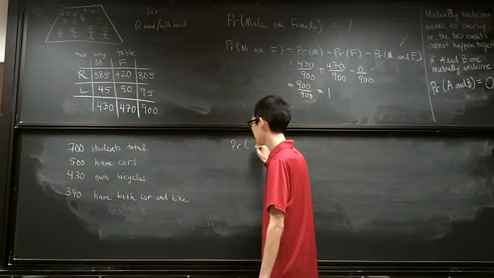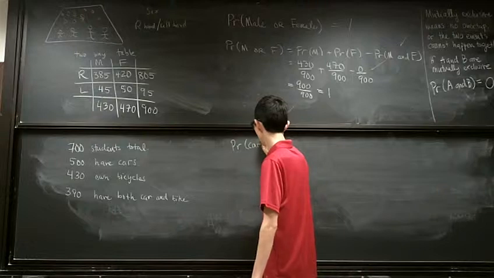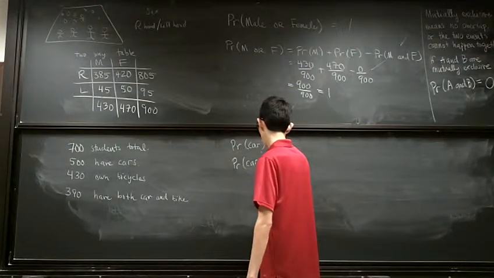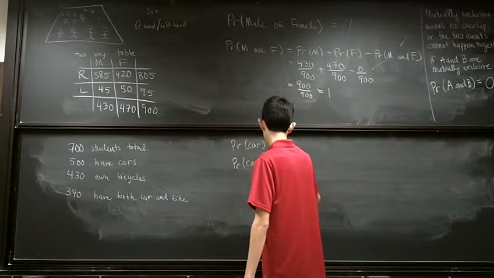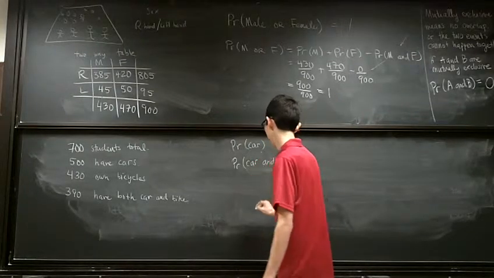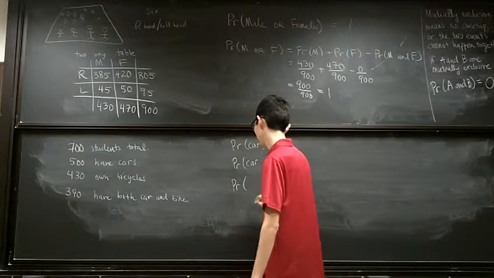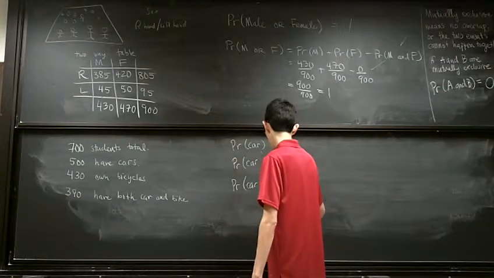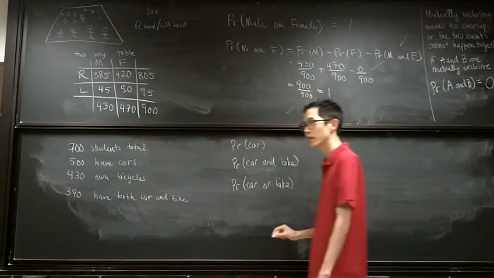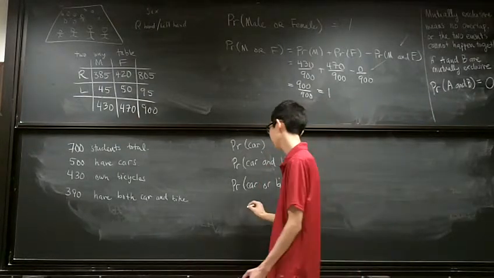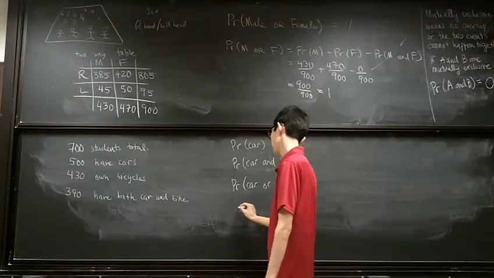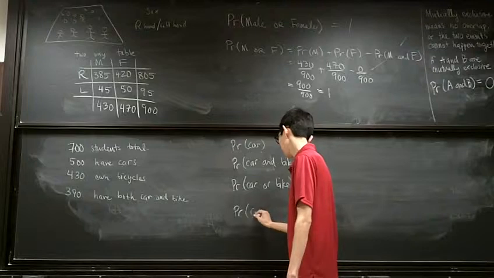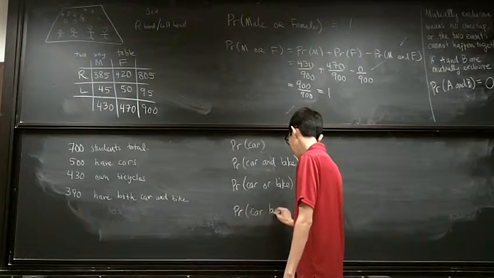Okay, so what is the probability someone owns a car? What is the probability someone has car and bike? What is the probability someone has a car or bike? And what is the probability someone has a car but no bike?